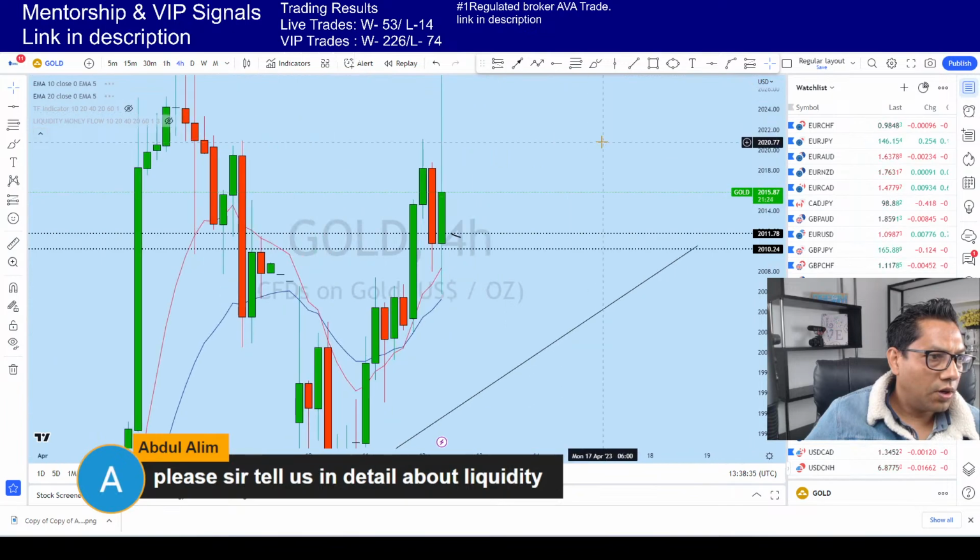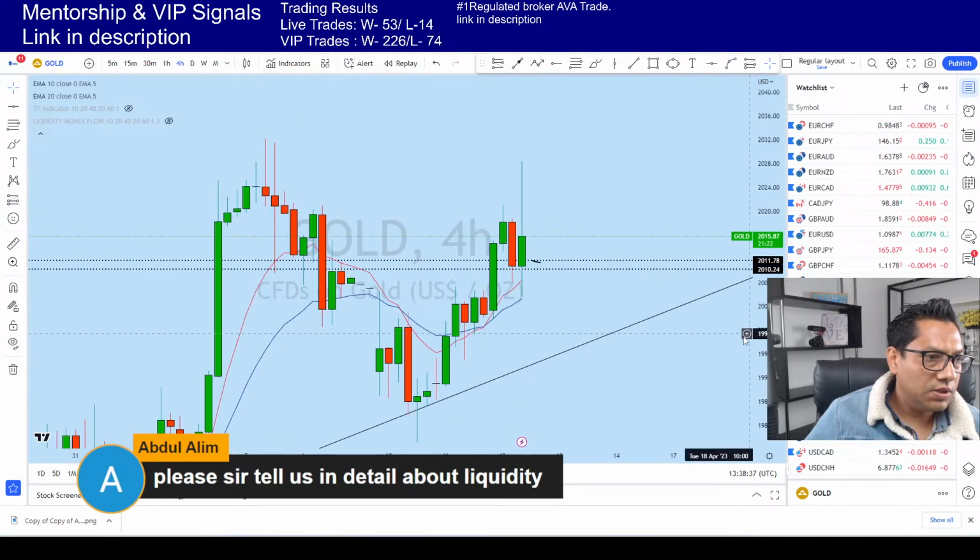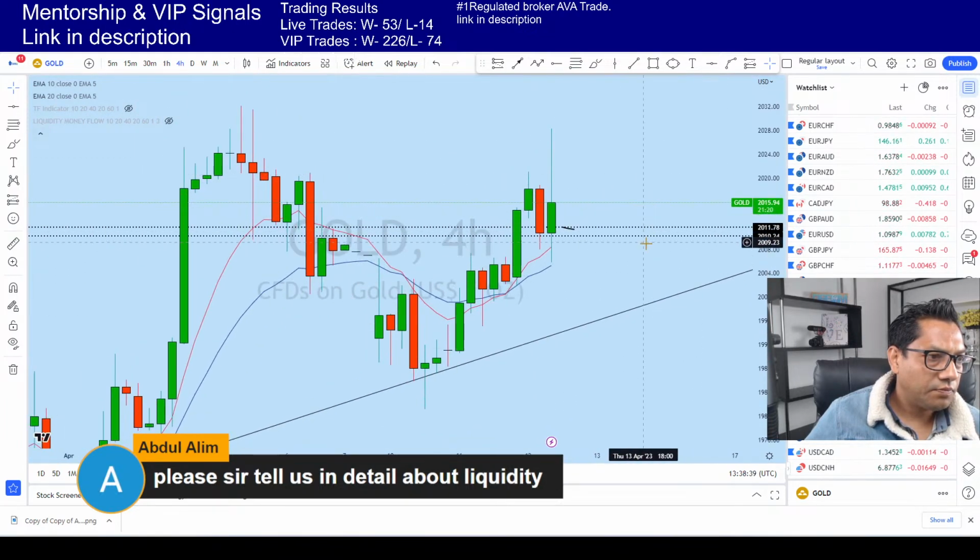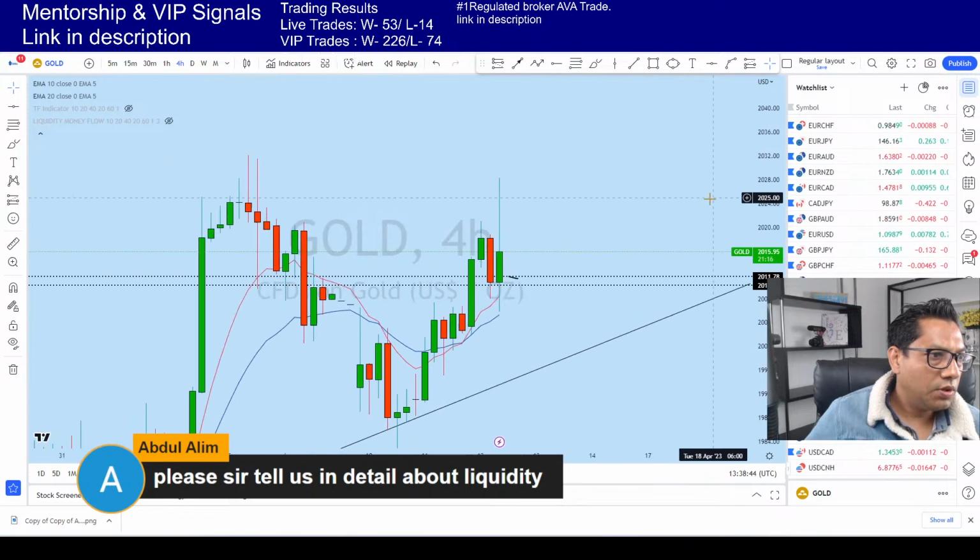So this 4-hour candle is going to close, as you can see, like this. It has liquidity from the support.